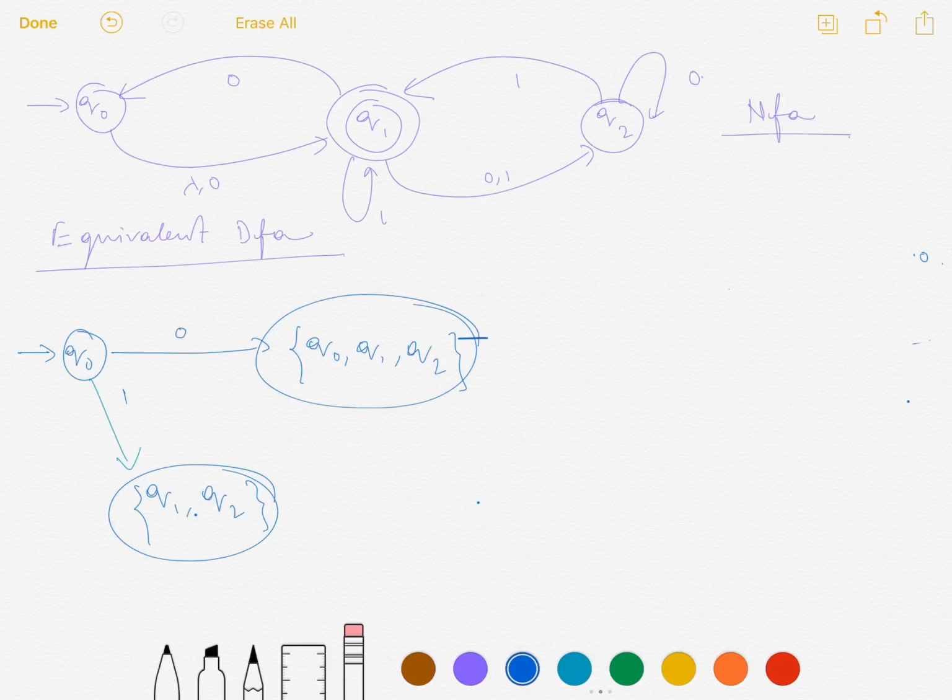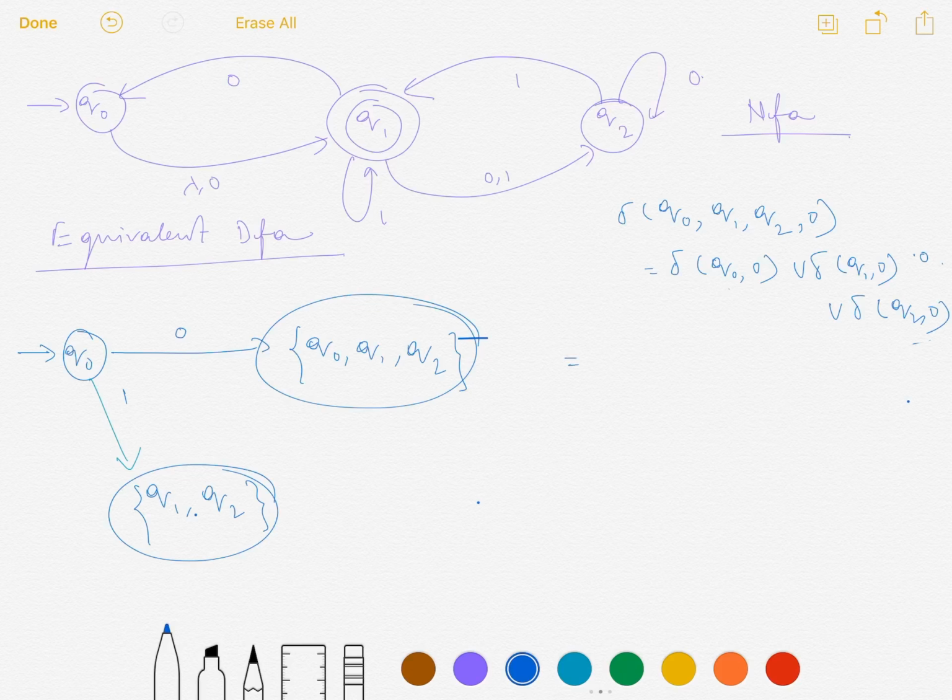Now, I have to check what will happen if I give 0 to Q0, Q1, Q2 and 1 to Q0, Q1, Q2. That is delta Q0 0 union delta Q1 0 union delta Q2 0. Delta Q0 0 I have already seen goes to Q0, Q1, Q2.